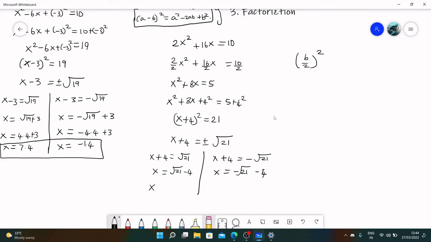Square root 21 is 4.58. So 4.58 minus 4 will give you 0.58. And then on the other side, minus 4.58 minus 4 will give you minus 8.58.